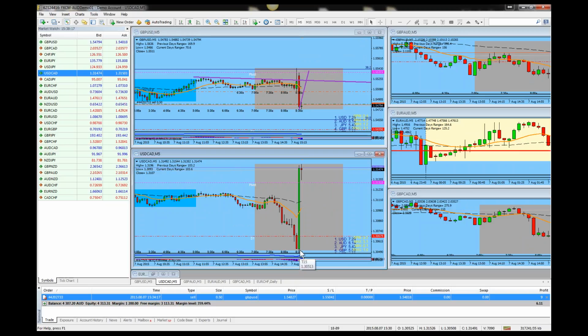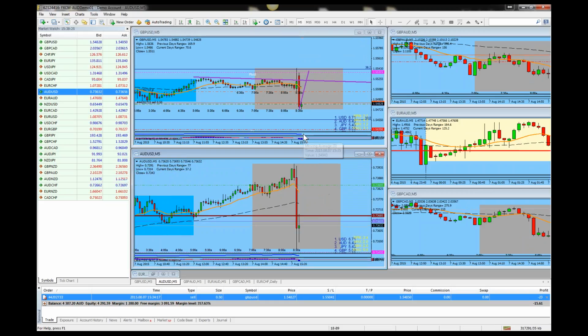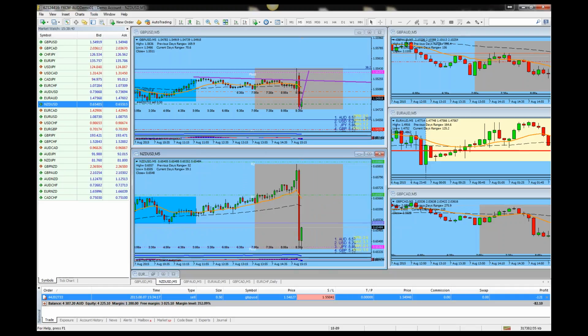They stopped right there. They made up their mind. That's where they wanted to stop. Aussie dollar. Very similar to pound dollar. And the dollar CAD, that whole move was before the news. Let's just go back to dollar CAD.